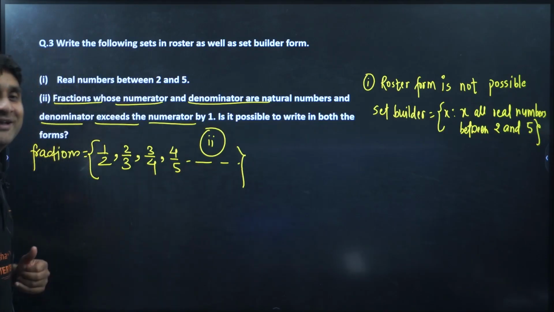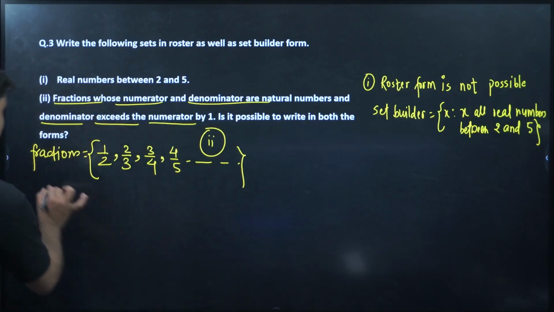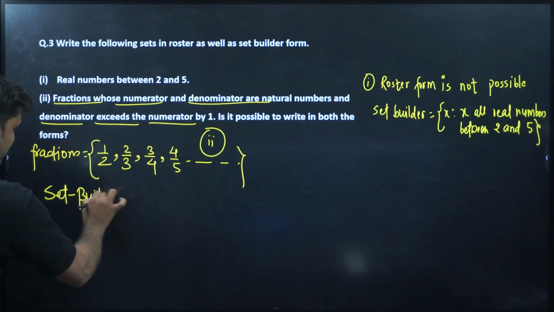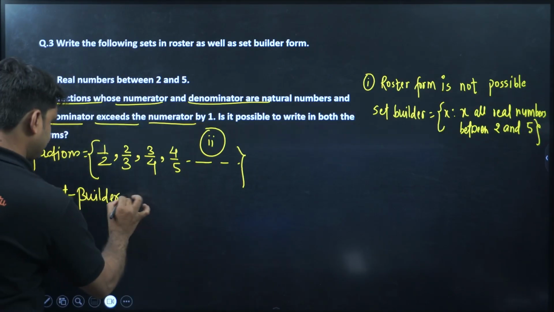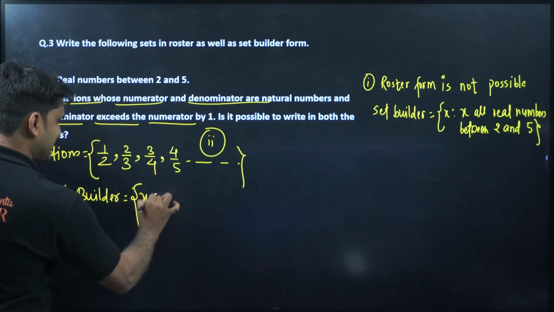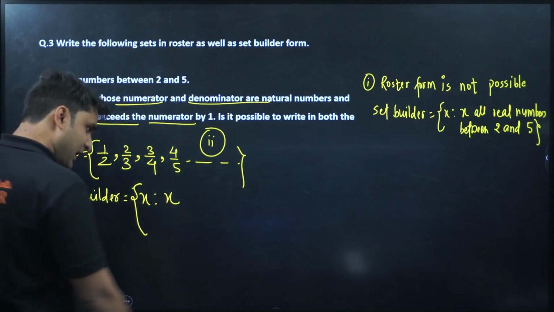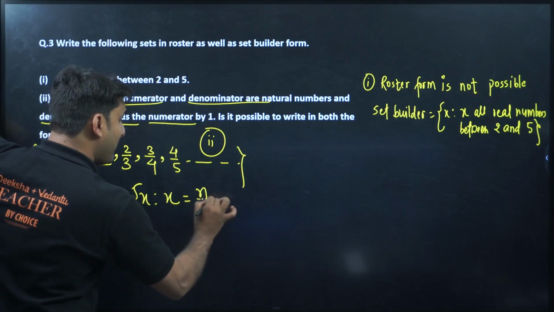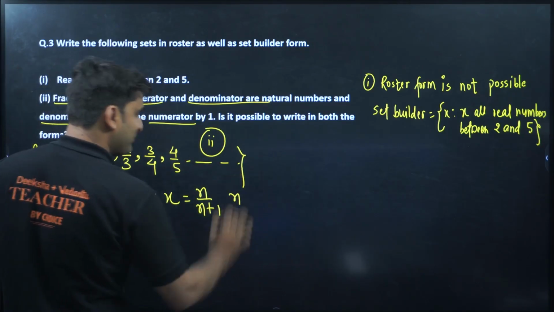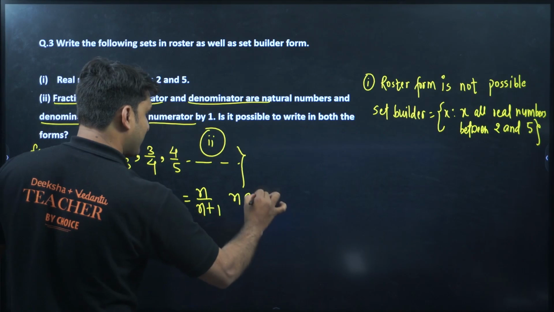Now how to write the set builder form from this? Let's write it. x such that x is a fraction equal to n by n plus 1, and n belongs to natural numbers.